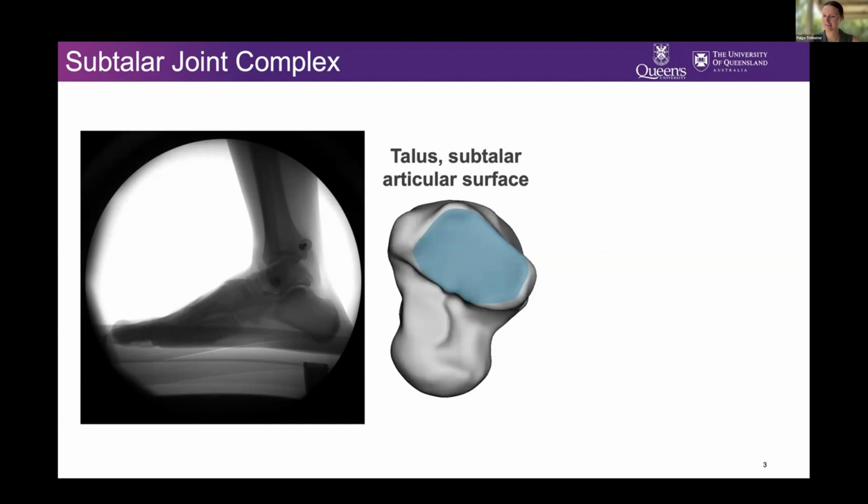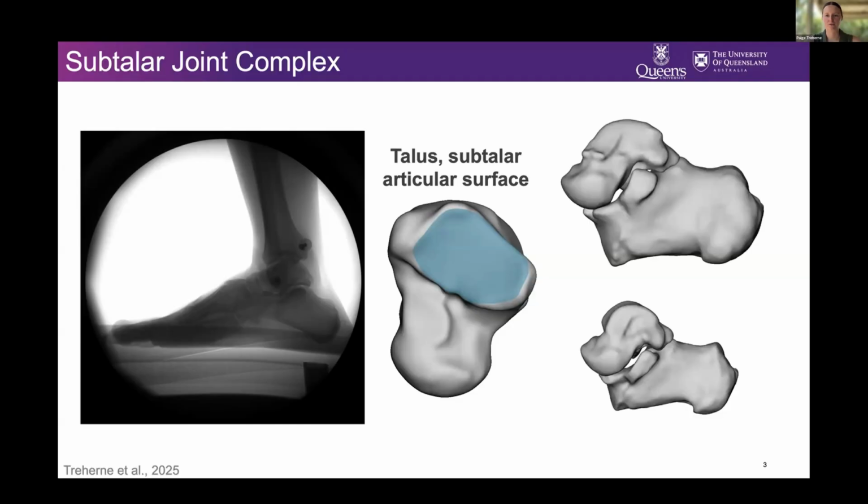So here we're just looking at a talus from an inferior view and that subtalar articular surface. In addition to this, we know that there's substantial variability within the shape of human ankle joint bones with distinct size-related shape features. So for instance, there's a more cube-like calcaneus as skeletal size increases, which appears to offset those increased forces of being larger.